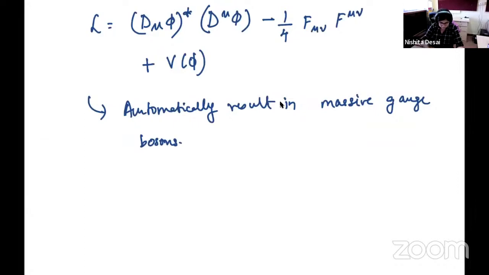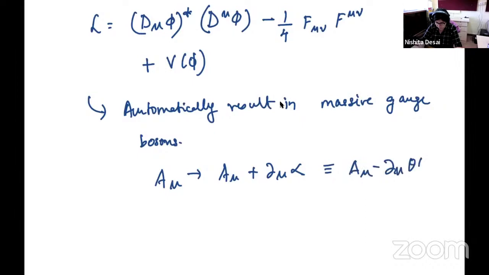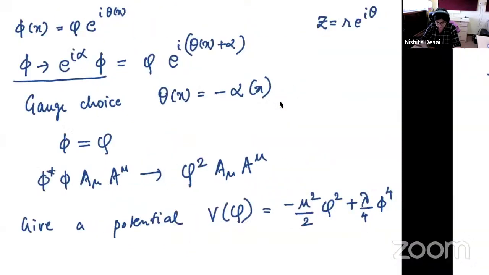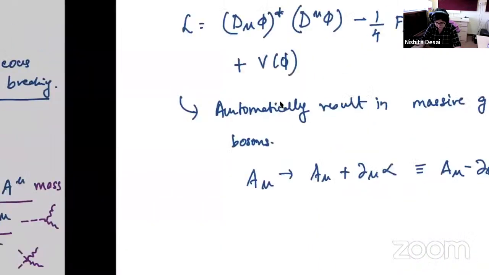Okay. So one more thing happens. So you have your A mu, which remember goes as A mu plus del mu alpha. So this is what we had all along, but now we've fixed the gauge, right? So this is nothing but del mu theta, where theta was this theta component here in the field, right?